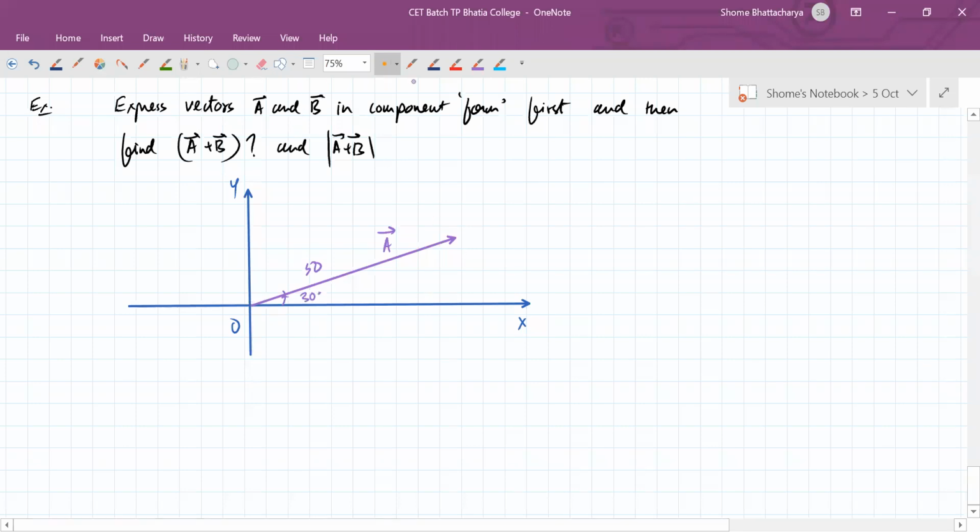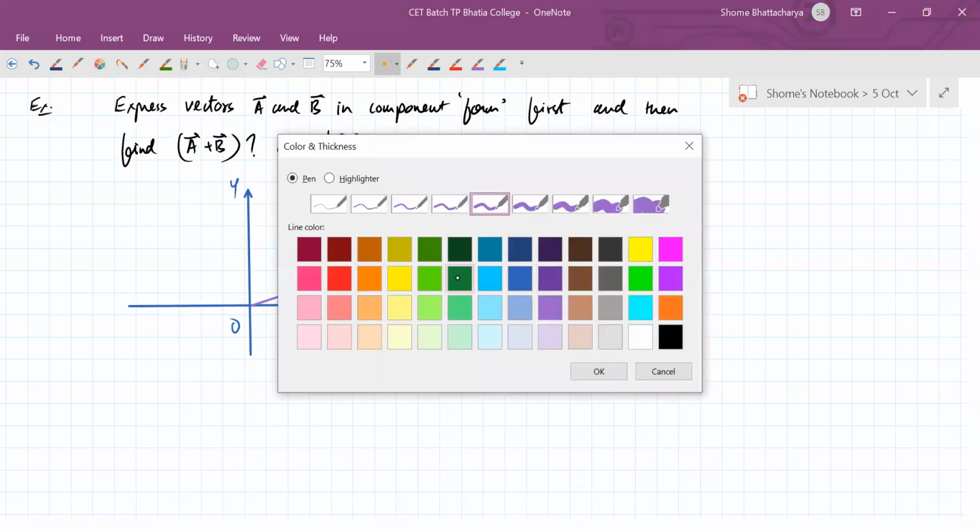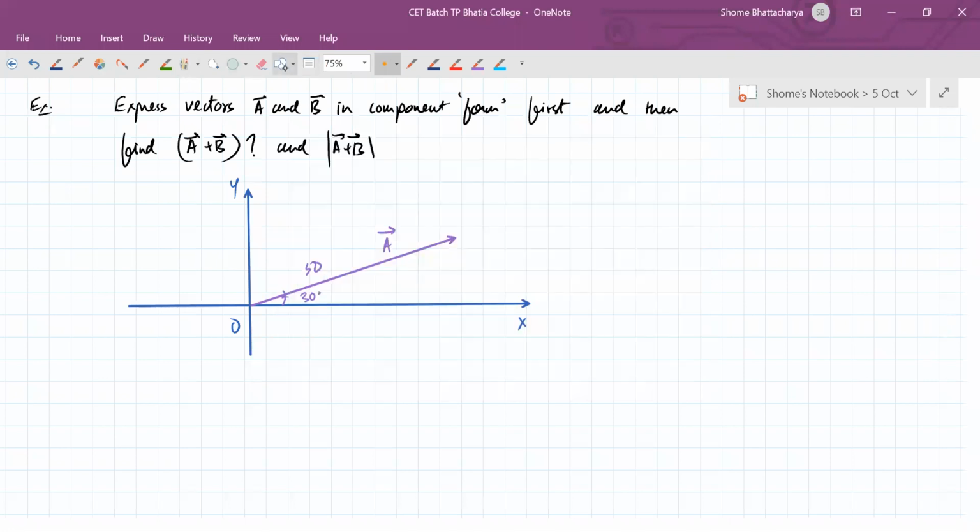So this is vector A and vector B, let us say like this. 25 units. So just work this out quickly.